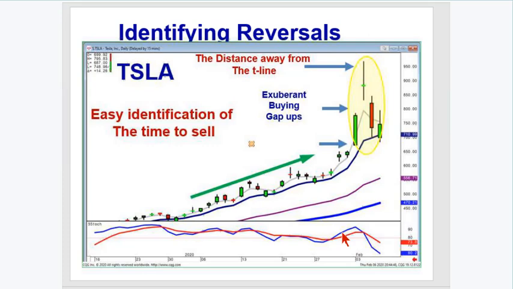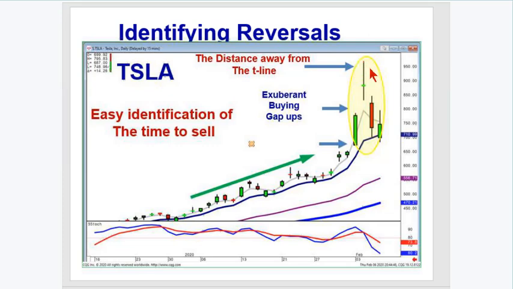Now, the Japanese rice traders always visually professed where most people buy. They buy exuberantly at the top. So we had people in the options room that made very huge profits off of Tesla, because look what was happening right here. You can see the exuberance starting to come in. Then they gapped it up, and it just started running like a scalded dog.